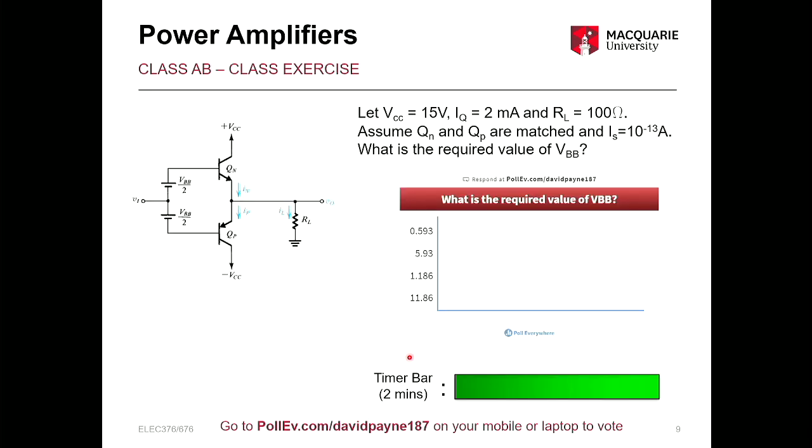So we're going to jump straight in with a class exercise on this. We have a typical class AB circuit in the top left. Power supply 15 volts, quiescent current, so that's its steady state right now, 2 milliamps, and a load of 100 ohms. You can assume perfect matching of those transistors. What's the required value of VBB to ensure these conditions are met?